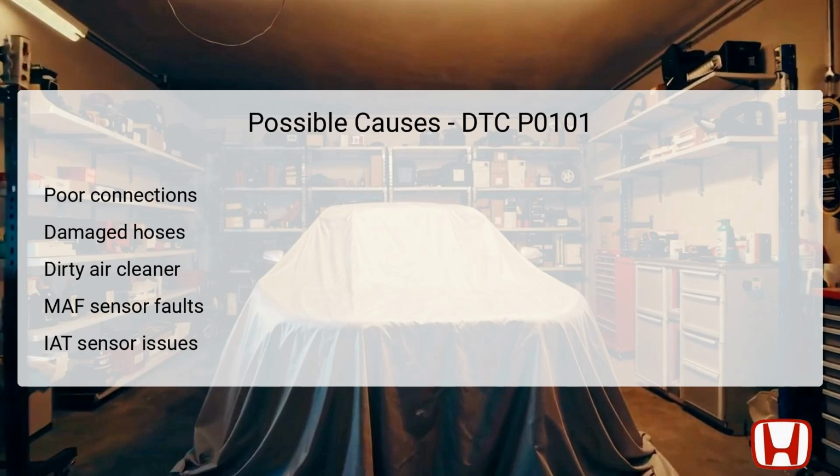Poor connections can create resistance or interruptions in signal transmission, leading to erroneous readings from the MAF sensor. Damaged hoses, such as the PCV hose or the intake air duct, can result in improper airflow, directly impacting the sensor's readings. A dirty air cleaner restricts airflow, which may also confuse the MAF sensor, causing it to underperform.